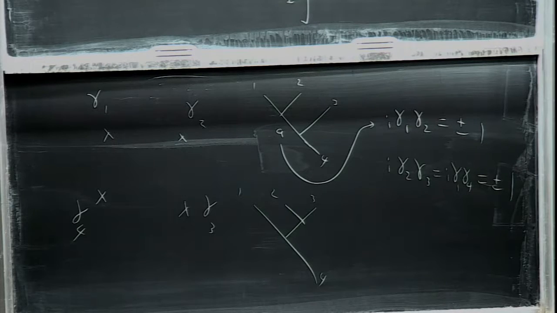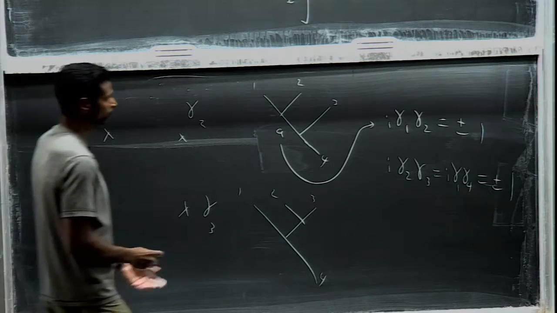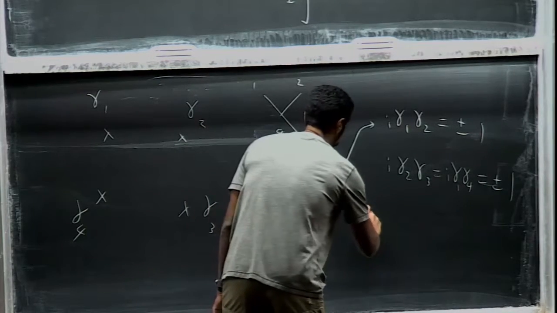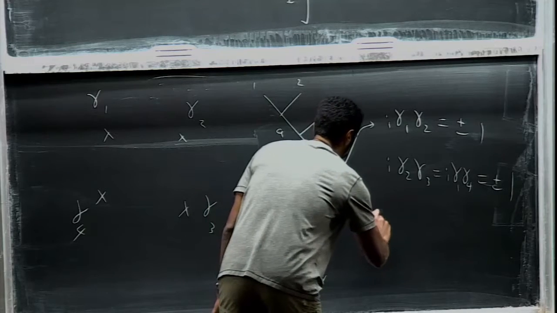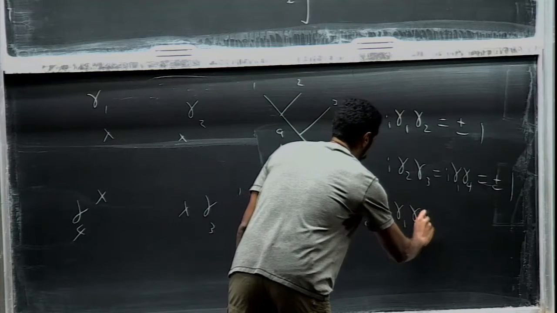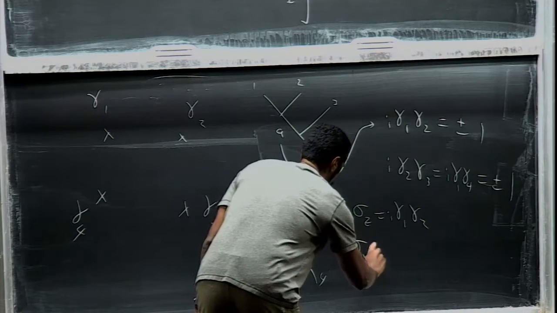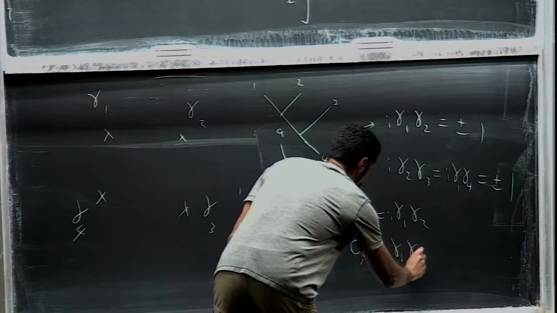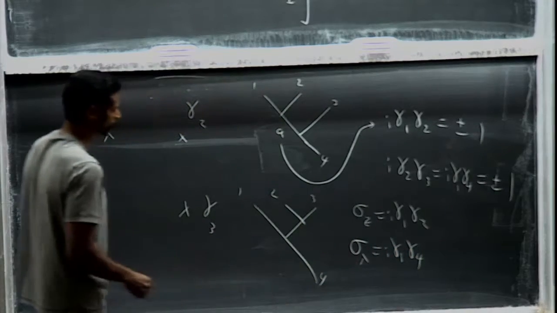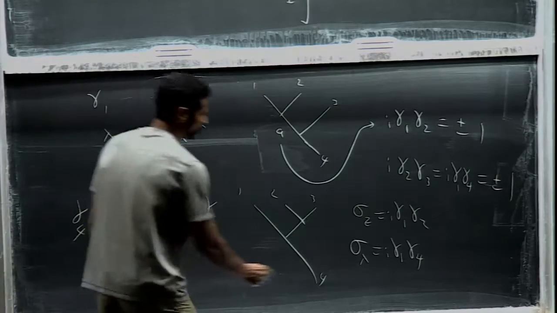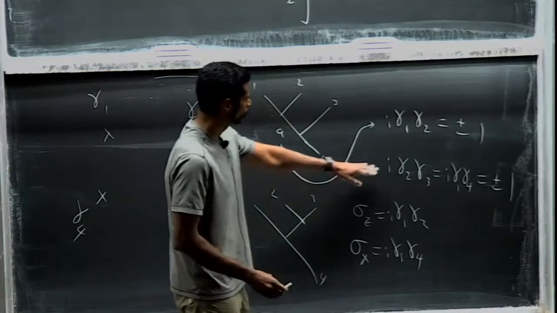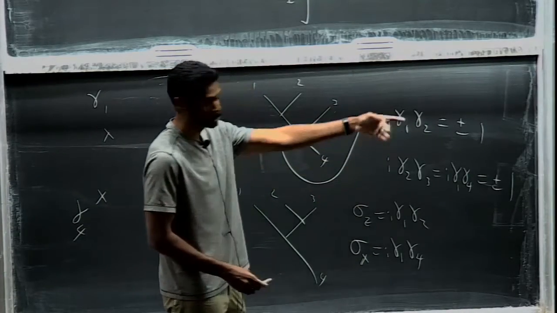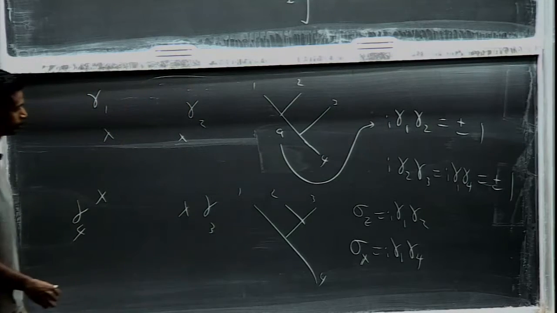So the F move is just supposed to do the basis change between these two different bases. In this two-dimensional space, I can represent sigma z as i gamma 1 gamma 2, sigma x as i gamma 1 gamma 4, and sigma y as i gamma 1 gamma 3. And then you can see that indeed the basis change between this basis and this basis should be exactly that basis change over there.